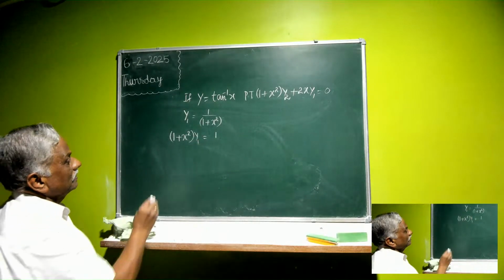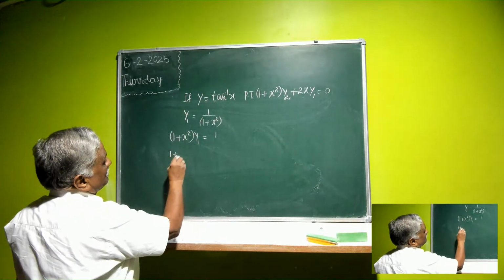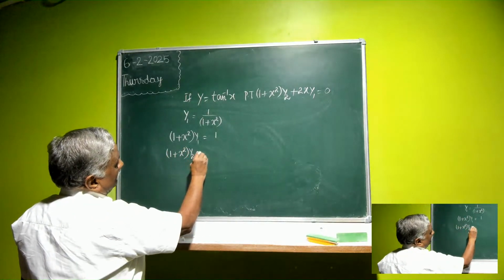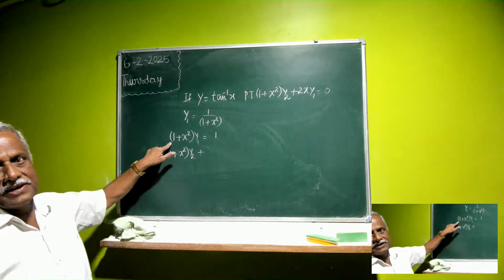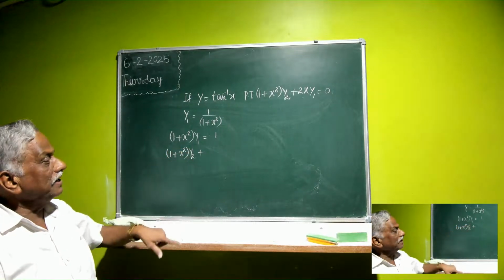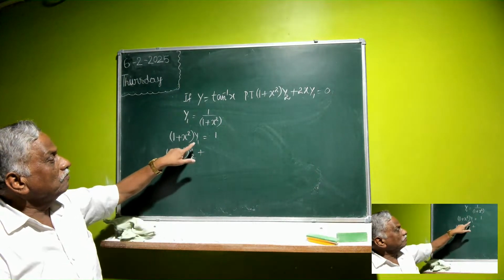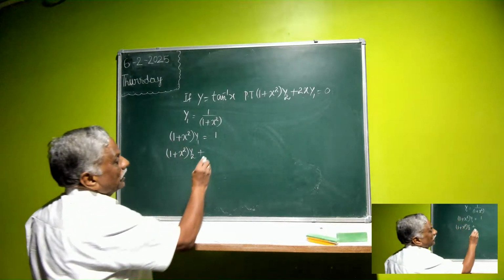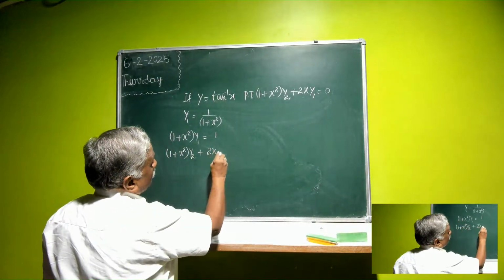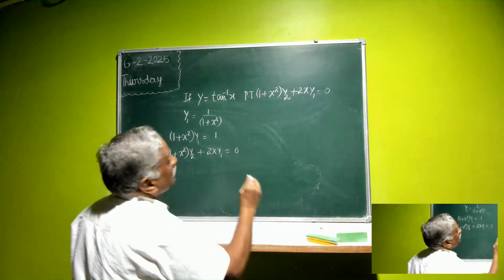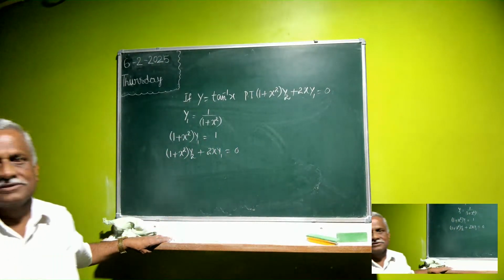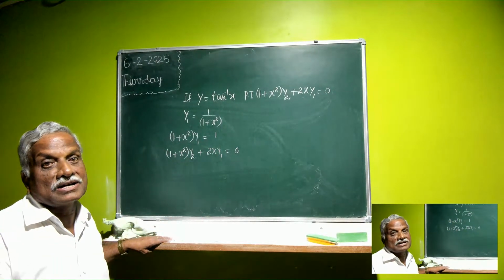Now product rule. 1 plus x square into y2, I keep 1 plus x square as it is. Differentiate y1 again, y2. Now I have to keep y1 as it is. Differentiate 1 plus x square, I get 2x because the derivative of 1 is 0. So (1 plus x square) y2 plus 2x y1 is equal to 0. You get this solution directly. So this problem carries 3 marks.